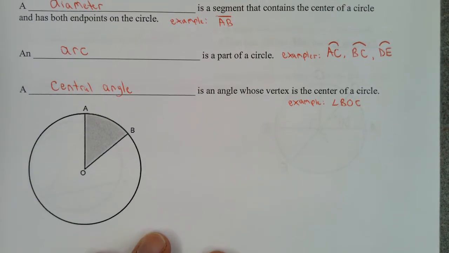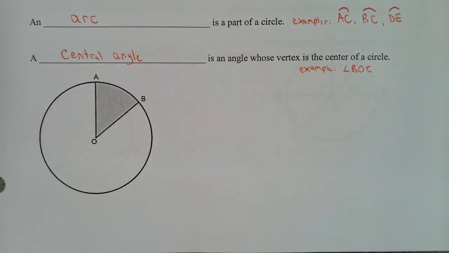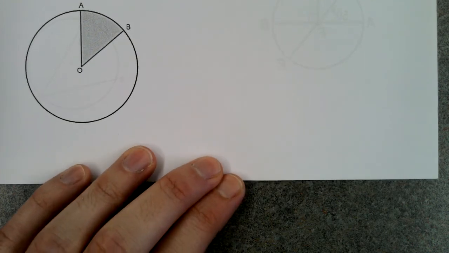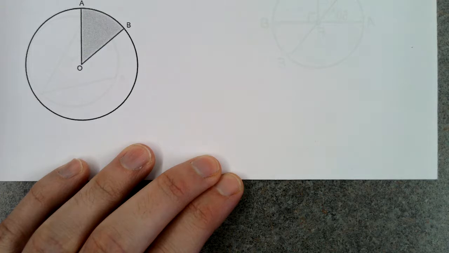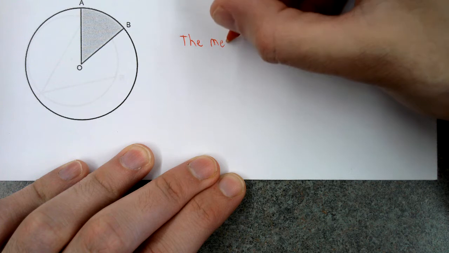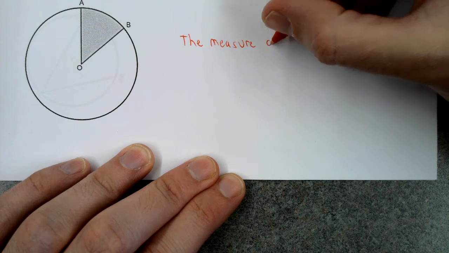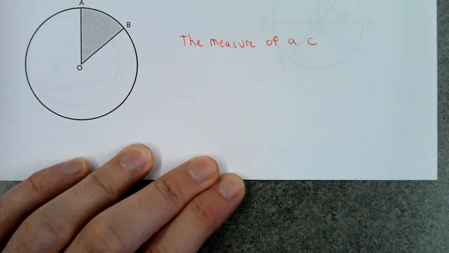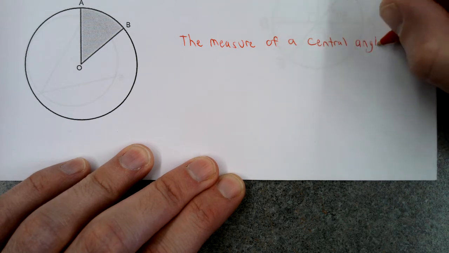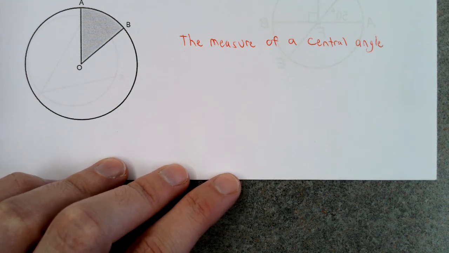So this next thing is very important. We have a central angle right here. So here's what you need to know. The measure of a central angle is the same as the measure of the arc that it intercepts.